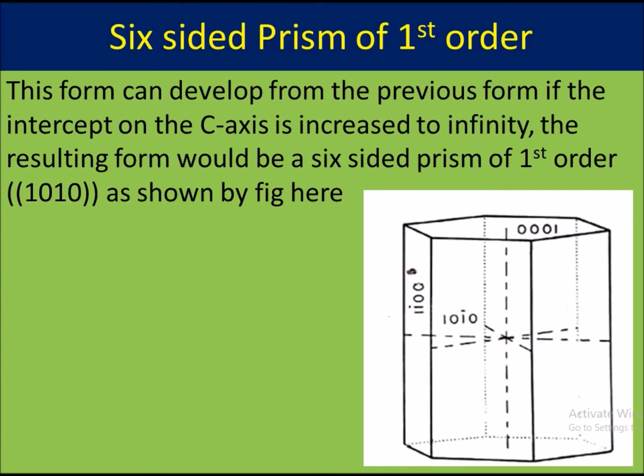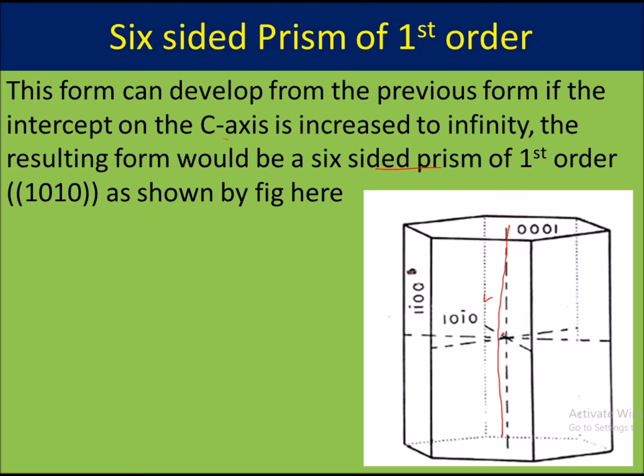Now, 6-sided prism of first order, this form also grows from the previous form. You can see that if the intercept of the C axis is increased to infinity, the resulting form would be the 6-sided prism of first order. Similarly, as we have seen in the definition of the prism, all the faces should be parallel to a common axis.